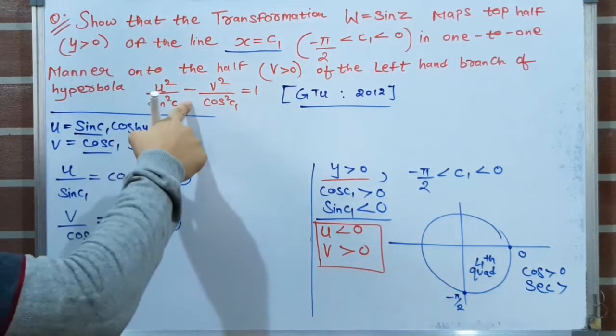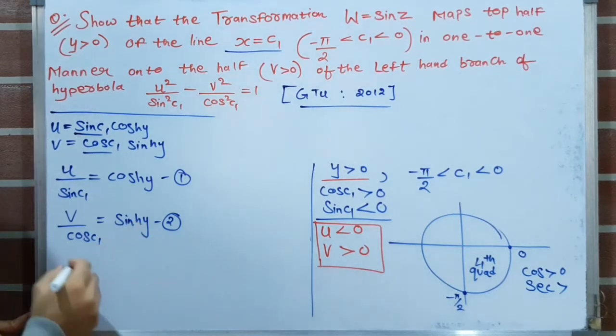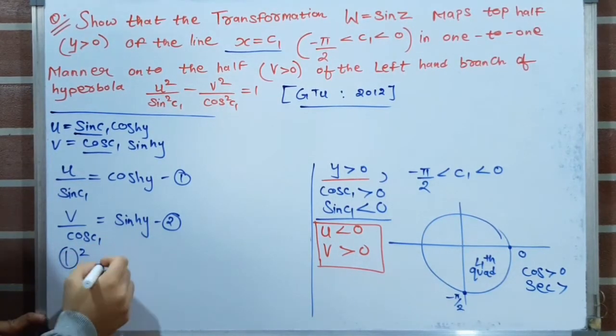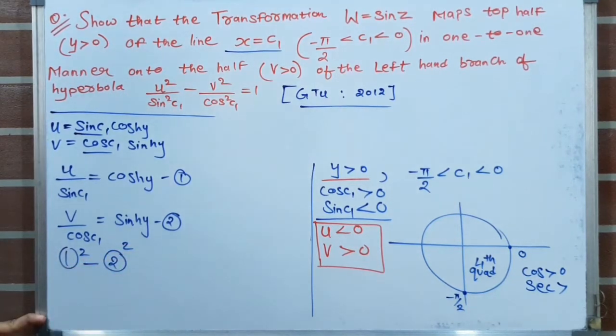Now to get this equation we have to square and subtract, that is, square equation 1 and equation 2 and subtract them, equation 1 square minus equation 2 square.